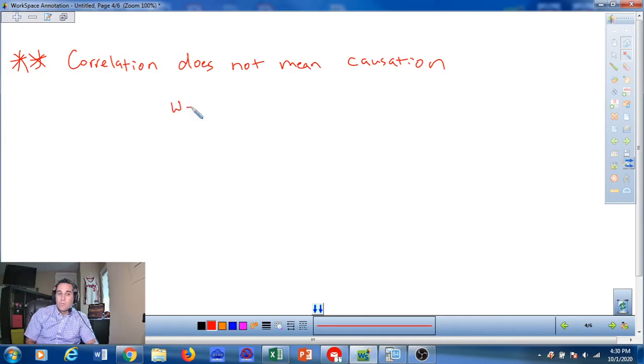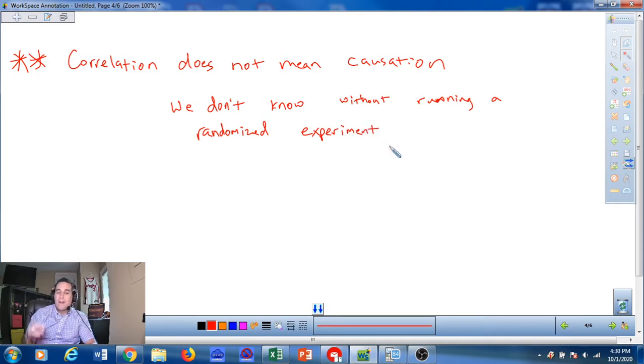We don't know without running a randomized experiment. Okay, you can't just say because there's a relationship between the two that the X causes the Y. In order to do that, in science, we run experiments.